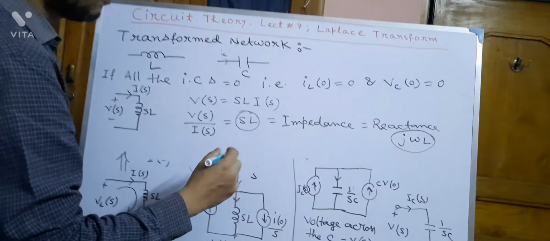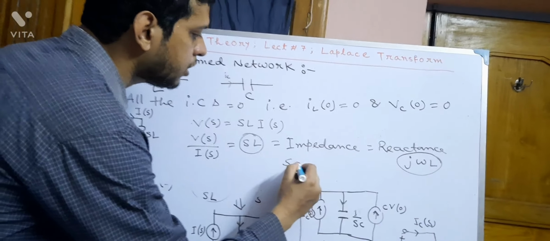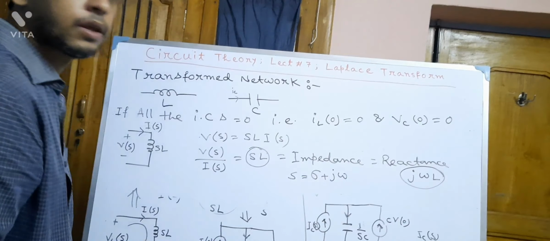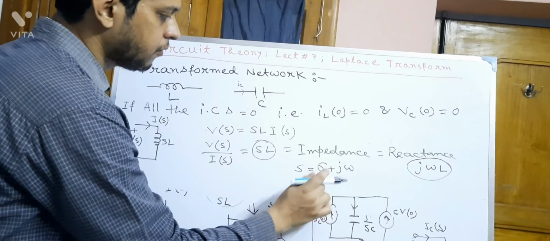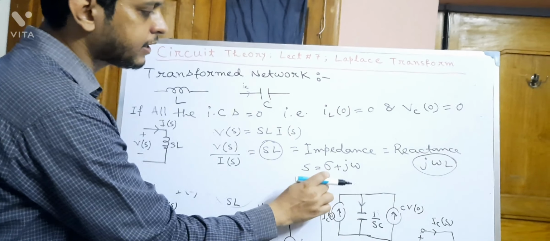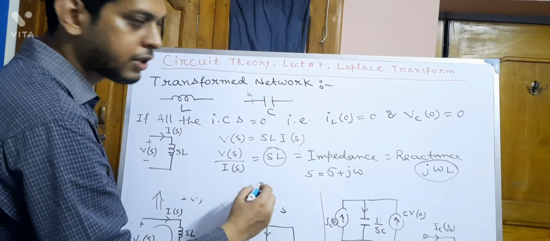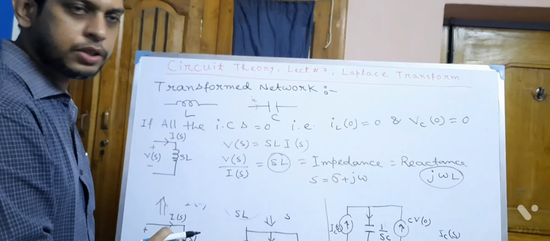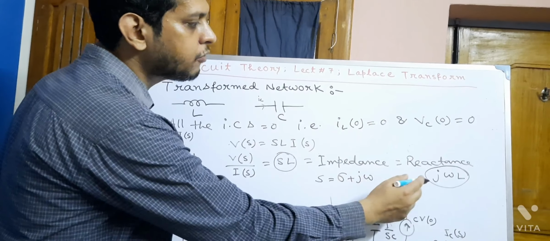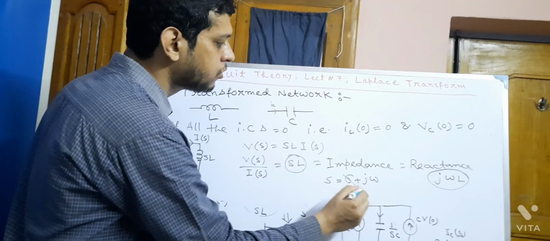In the previous lecture, we called S as sigma plus J omega. Sigma is for attenuation or amplification. As there is no resistance, no attenuation will happen here, so sigma is equal to 0.